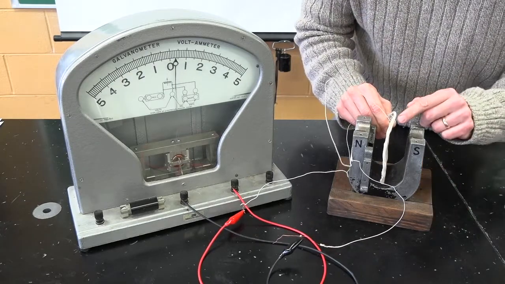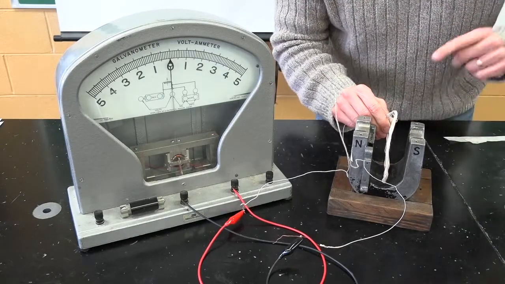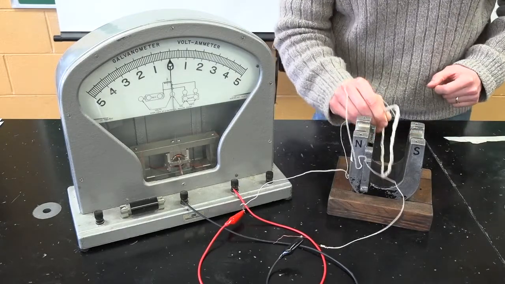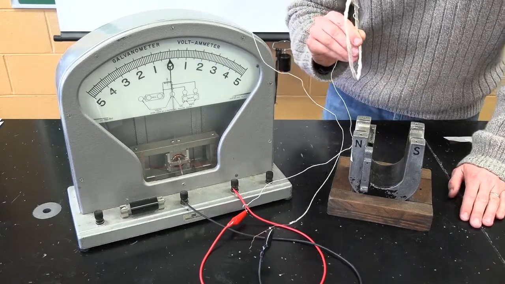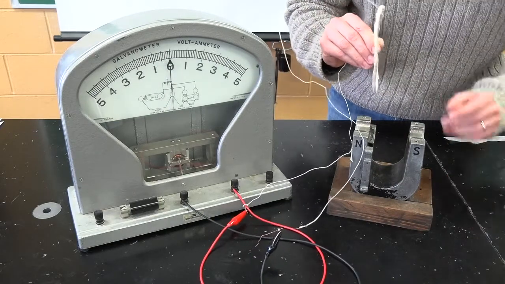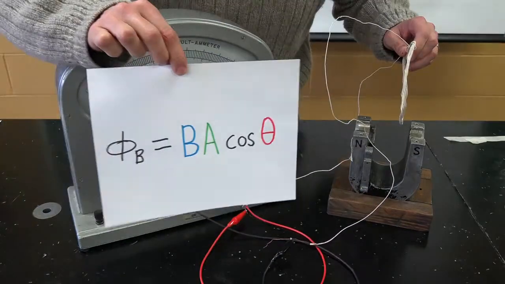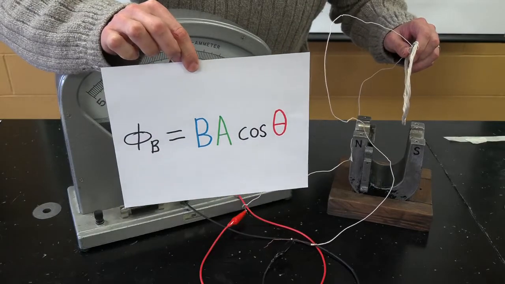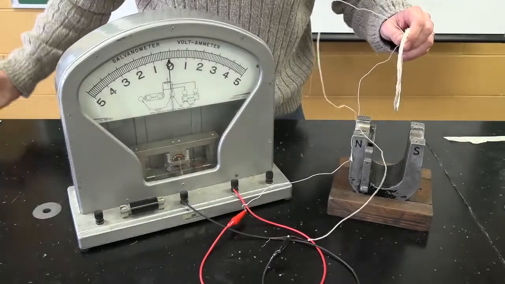I went from 0 to flux and I got a voltage. Now I'm going to go from flux to 0 flux, and the needle deflected. So what I'm really doing is I'm changing the magnetic field in this loop, and therefore that changes the flux, because if B changes, flux changes.